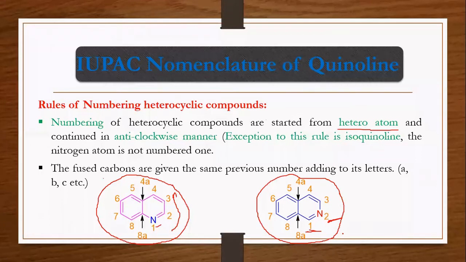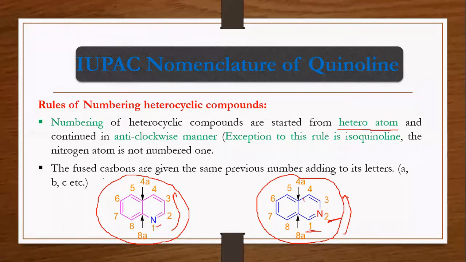And again, the numbering is continued in an anti-clockwise manner. But in case of isoquinoline, you have to start numbering from a carbon atom and then continue towards the heteroatom.